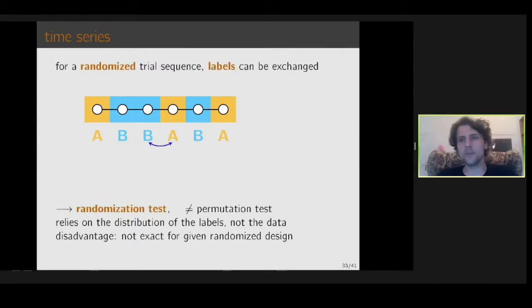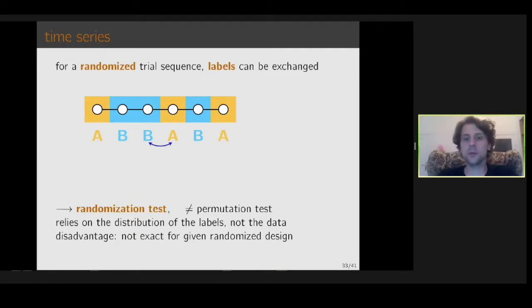There is an exception to this, which consists in the following. If these data points are attached to a trial sequence, and this trial sequence is itself randomized, what can be exchanged are, of course, the labels of the trials, because they are independent from each other from trial to trial. This, however, leads to a randomization test, which is not equivalent to a permutation test.